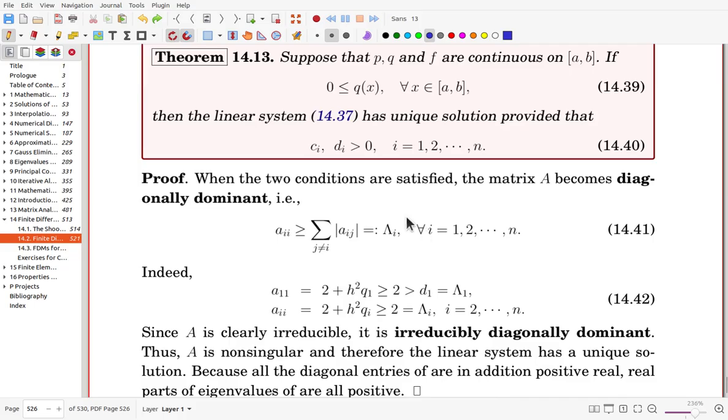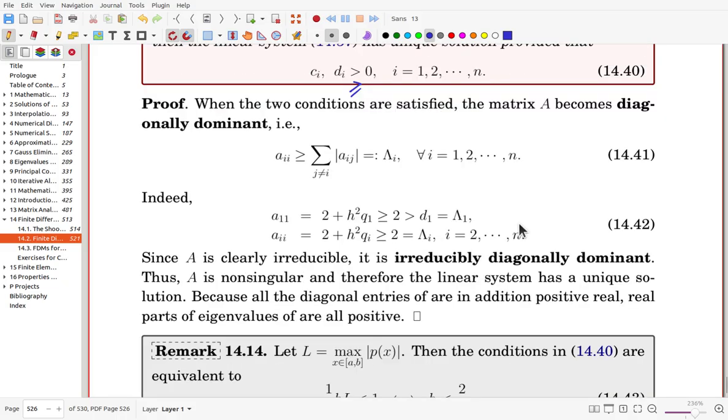In fact, this positive condition is not really required, and the weaker condition can be used in that way. Rather than strictly less than 0, we may consider equality over there.